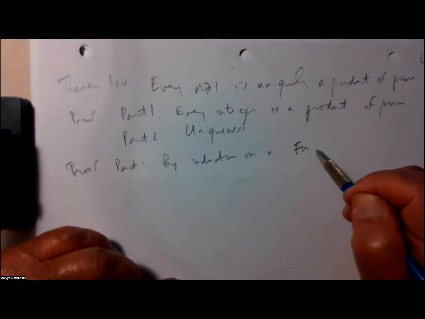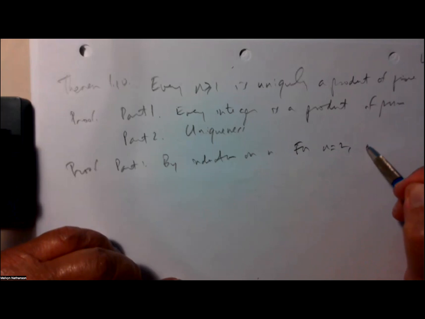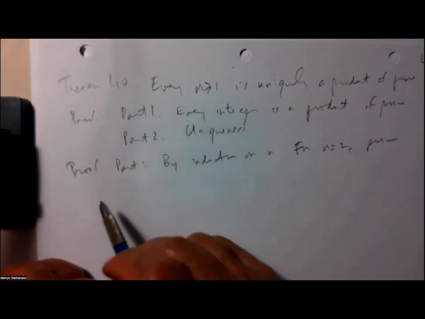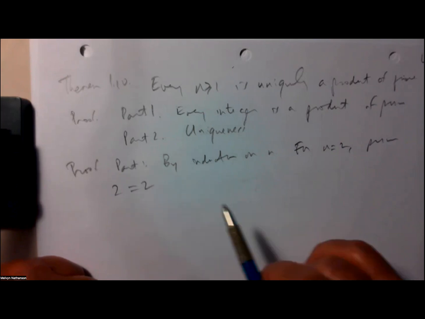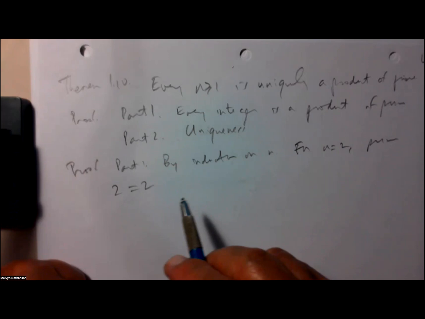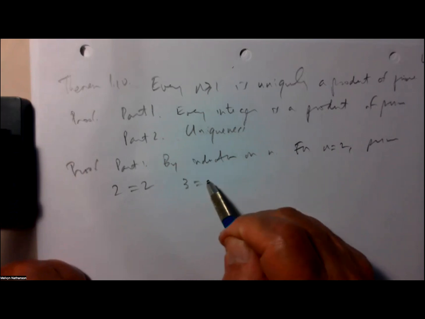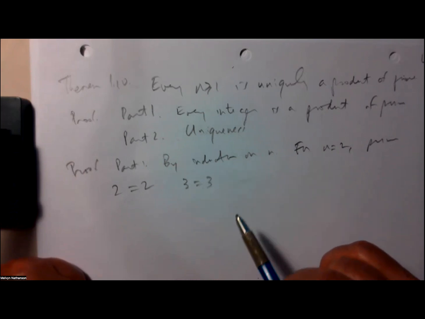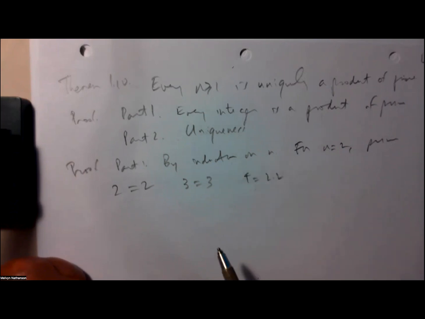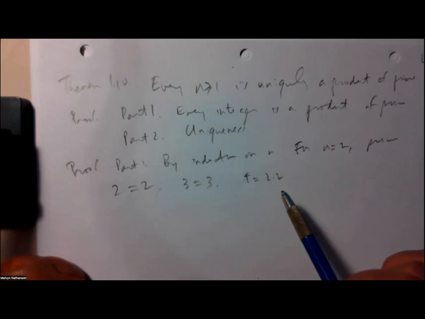But if you start for n equal 2, n equal 2 is a prime. So how do you write 2 as a product of primes? 2 equals 2. It's a product of 1 prime. How do you write 3 as a product of primes? 3 is equal to 3. How do you write 4 as a product of primes? 4 is 2 times 2, and so forth. So the statement is certainly true for n equal 2, 3, and 4.